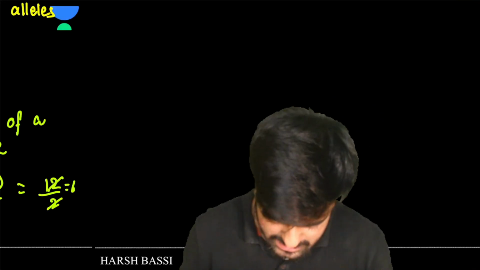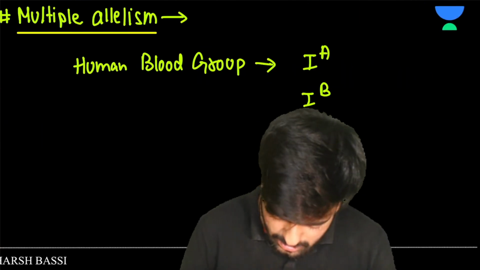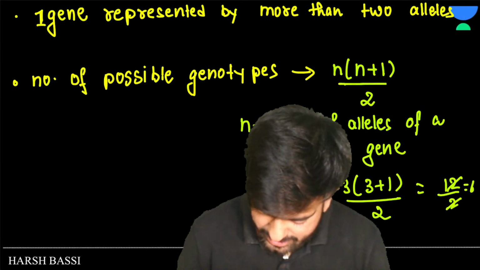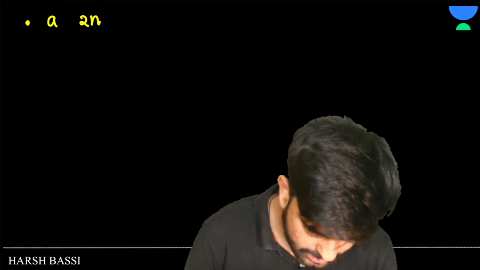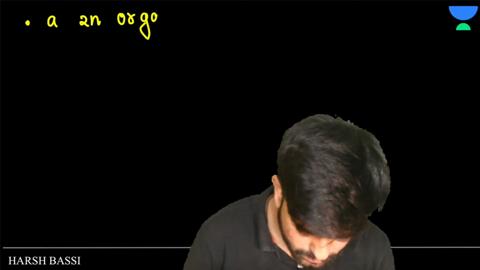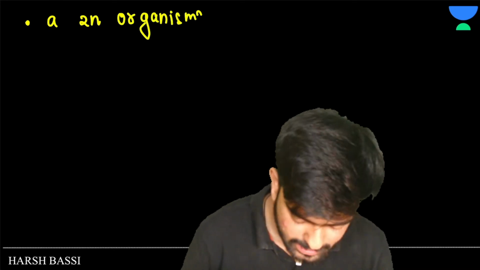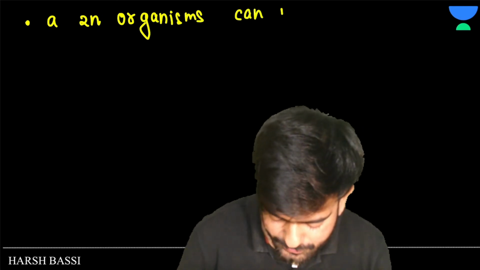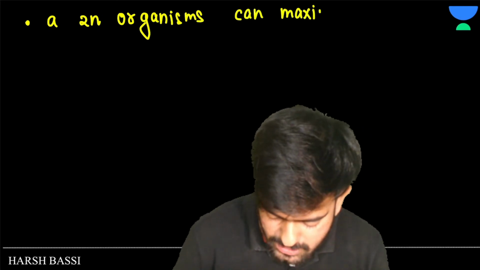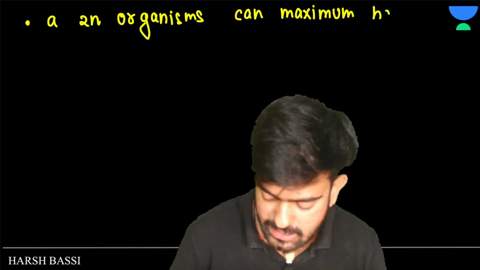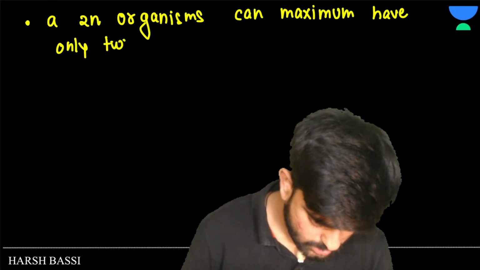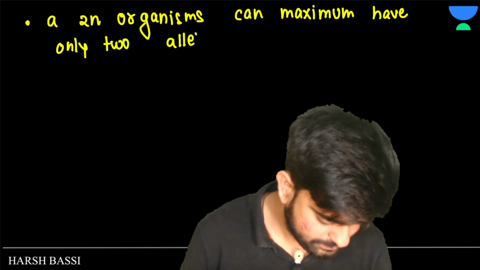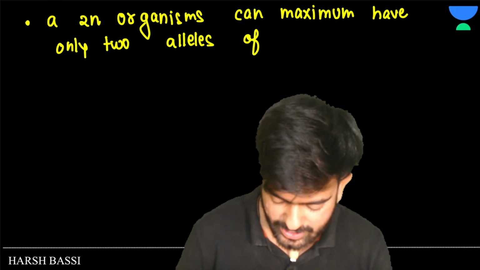Okay, I'll write this as a statement so that you can write it in your notes. So let's suppose a diploid organism can maximum have only 2 alleles of a gene, right?